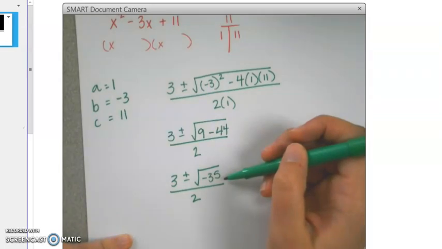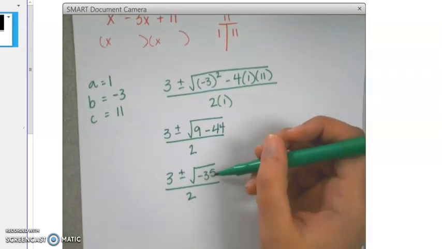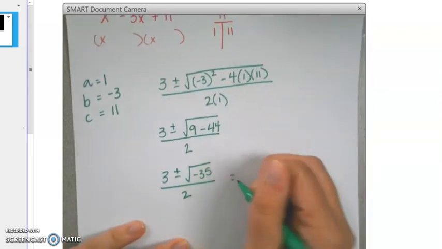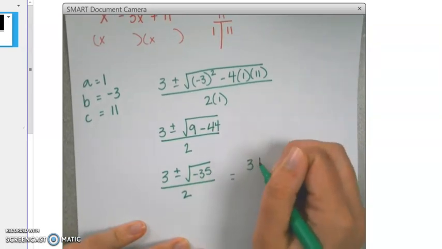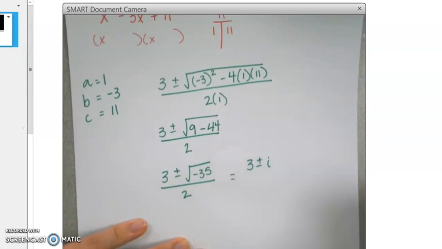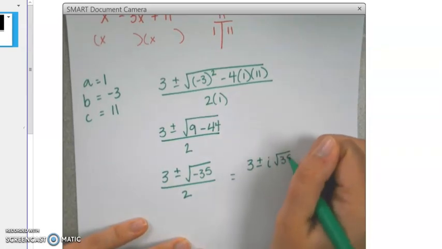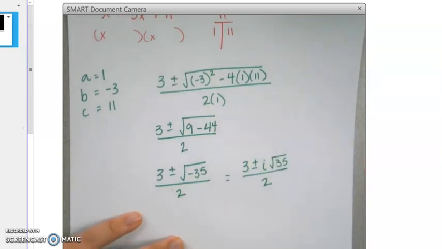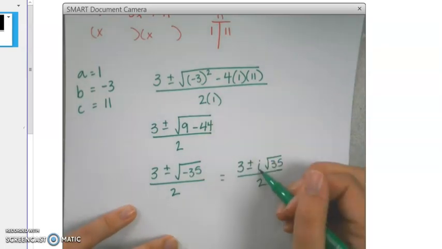We have not talked about imaginary numbers much, but anytime you have the square root of a negative, it does make imaginary numbers, which means this is the same thing as 3 plus or minus i, because it's imaginary, the square root of 35 over 2. Like I said, we don't do imaginary much, but just so you're aware of how this works, when you have the square root of a negative, i does come out.